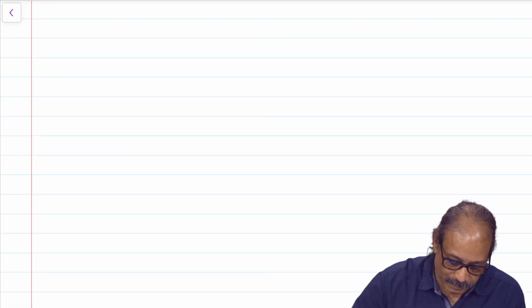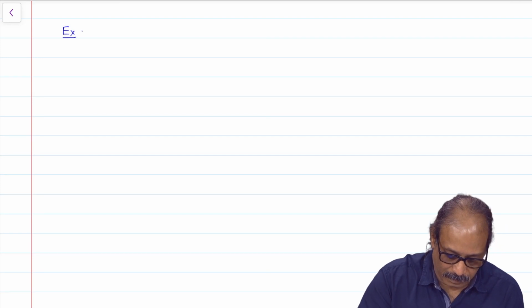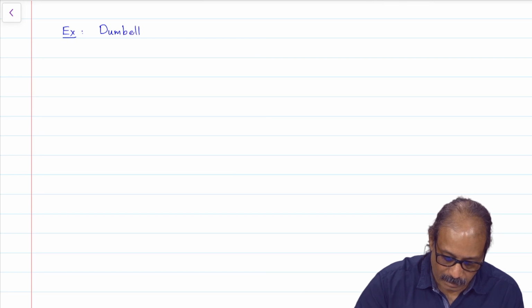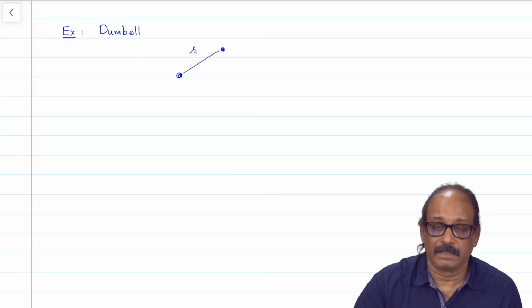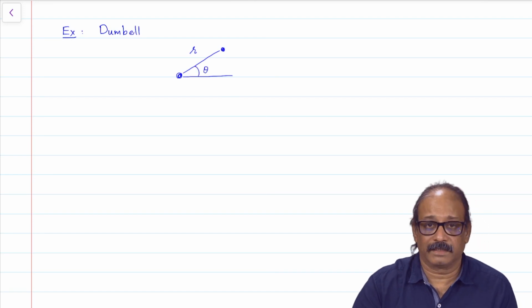In the third example, of a dumbbell. So, you have a dumbbell with 2 masses. The separation between them is given by variable r, and the angle this dumbbell makes with horizontal axis is given by theta.